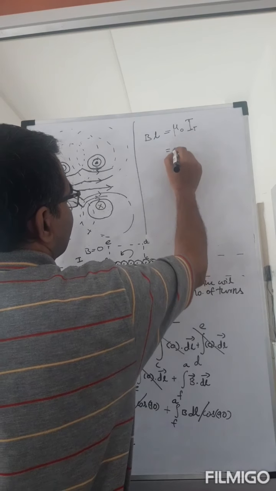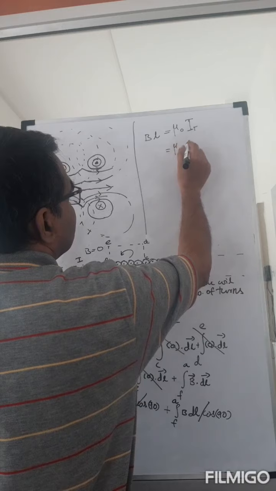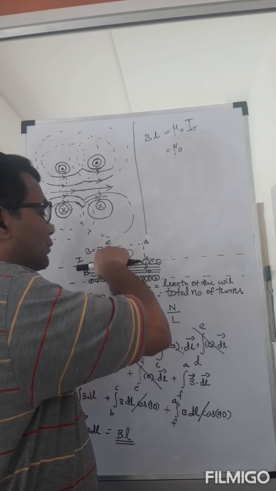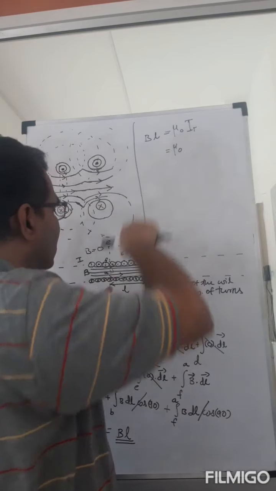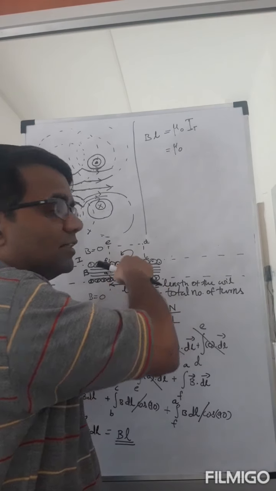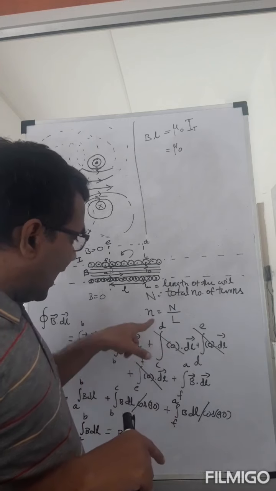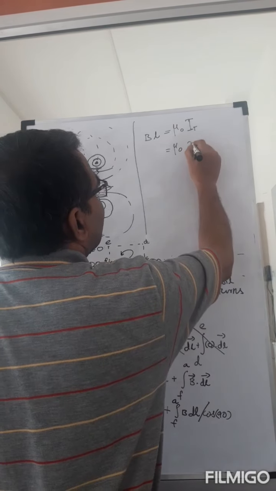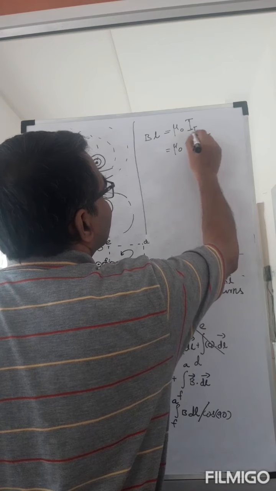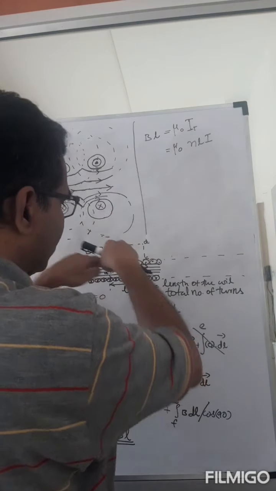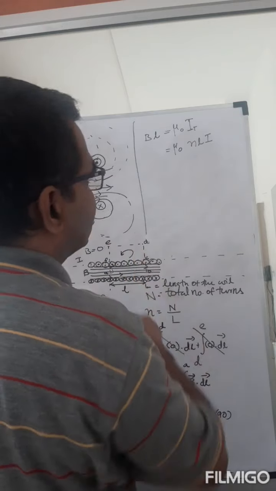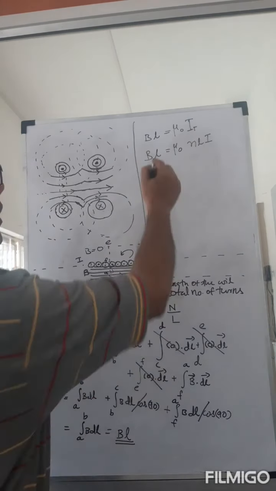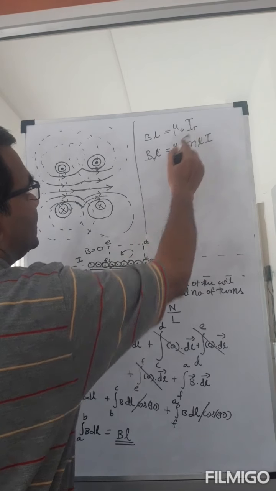But what is I total? Mu naught into, okay, for one turn I have I. And how many turns are there? There are n times L turns. So NL into I. That is my total current, the amount of total current piercing through the surface. So that is equal to BL. I can cancel L and L here.